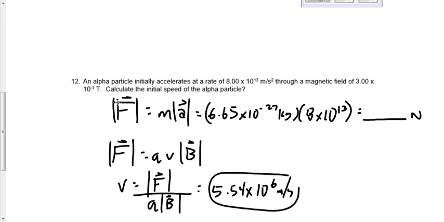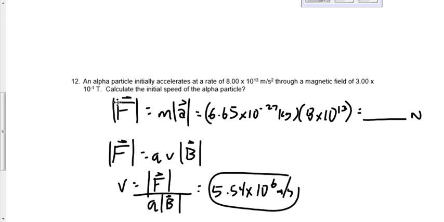Well, I'll tell you now that the speed doesn't change. It's not an initial speed, it's the same as the final speed. How can this charged particle accelerate, but the speed doesn't change? How's that possible? You guys learned this in Physics 20. Not in this context, but yeah. Accelerating in a different direction. Good. It's changing direction.